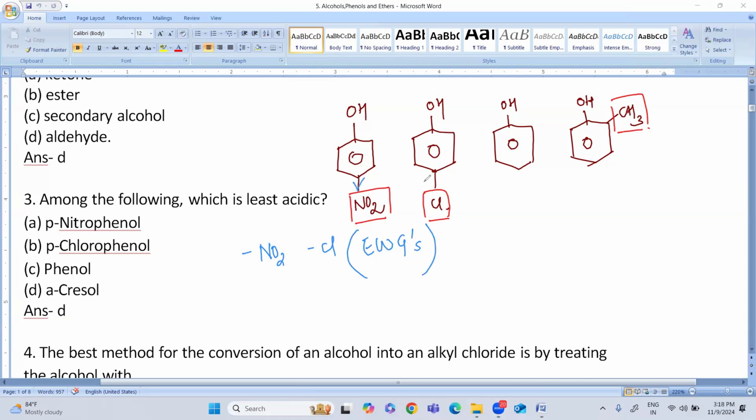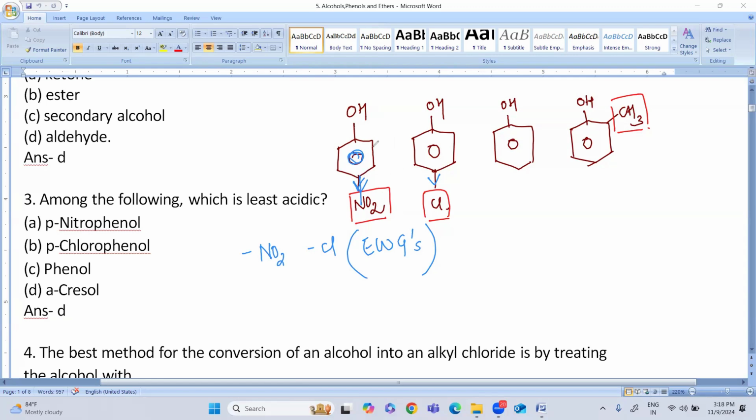What will they do? They will withdraw electrons towards themselves from the benzene ring. So what will happen to the electron density of the benzene ring? Yes, it will decrease.